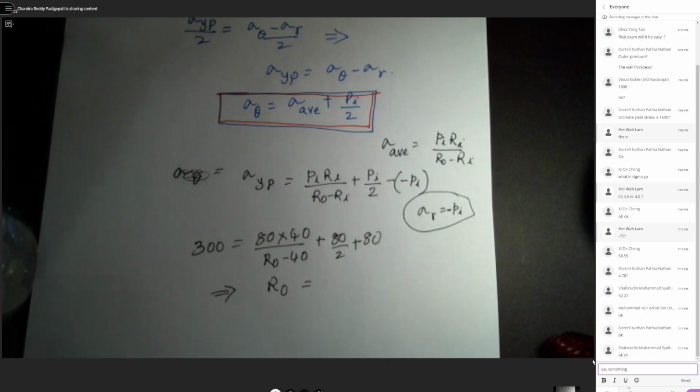So guys, you can calculate the outer radius from this. This is for linear elastic formulation.